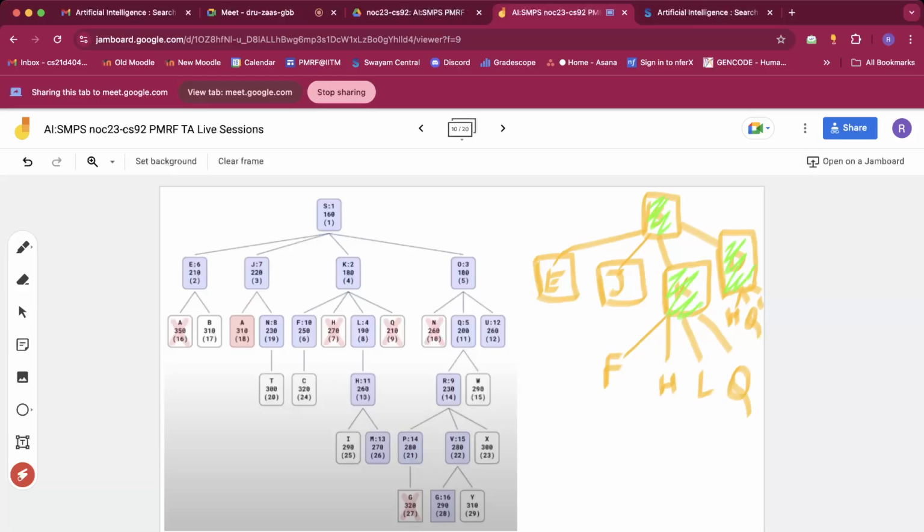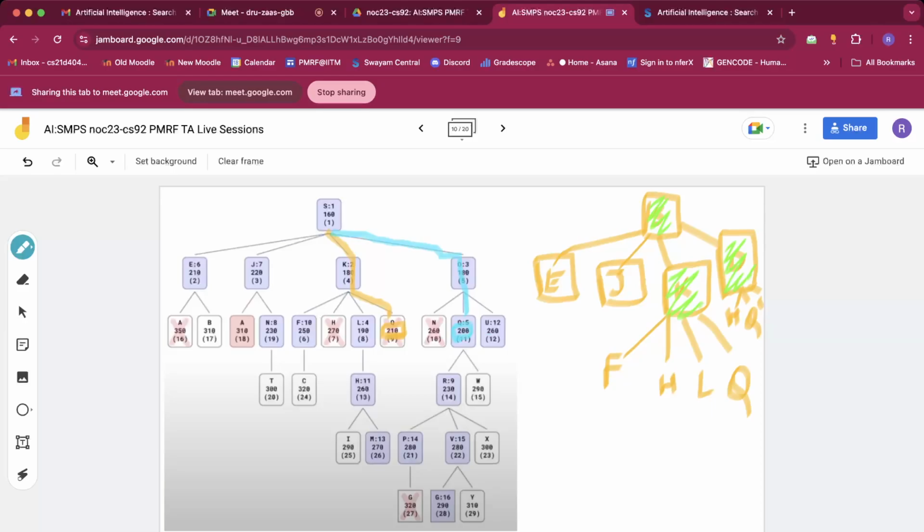Initially we had a path from S to K to Q, that had a cost 210. But now we found one more path from S to O to Q with cost 200, which is lesser than 210.